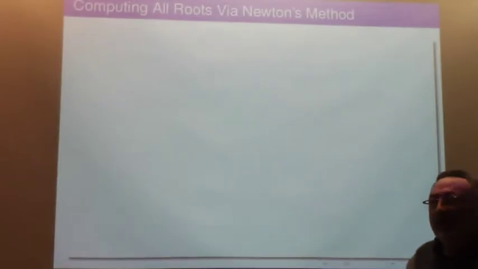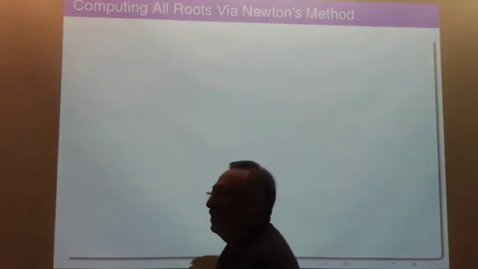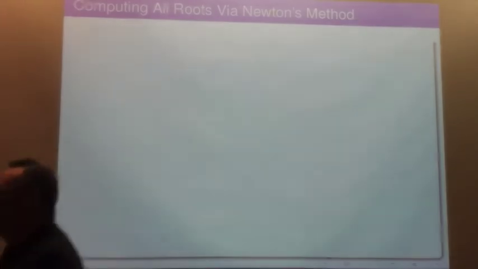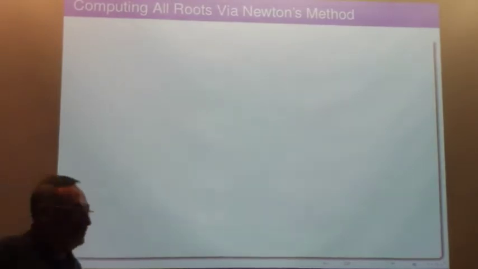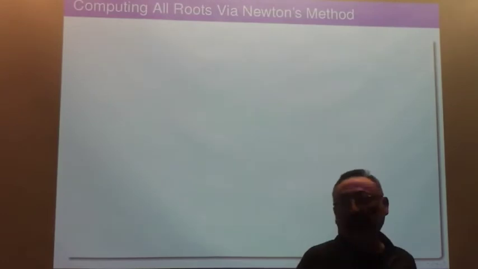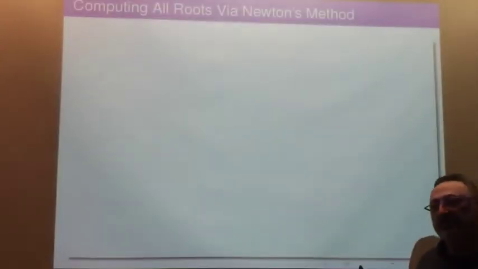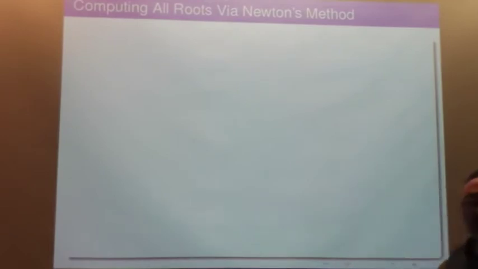Okay. Computing all roots via Newton's method. I was teaching numerical analysis last semester, and I did some of this there, because usually numerical analysis books don't even get into the complex domain. And maybe the impression people have of root finding is that it's an old-fashioned problem, but in fact it's not.